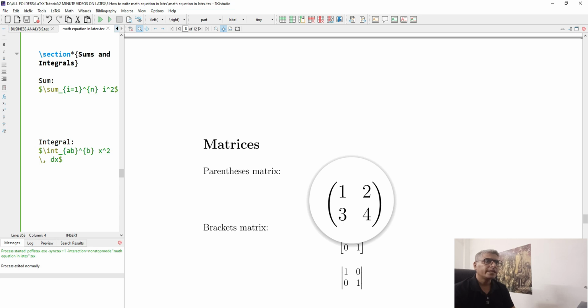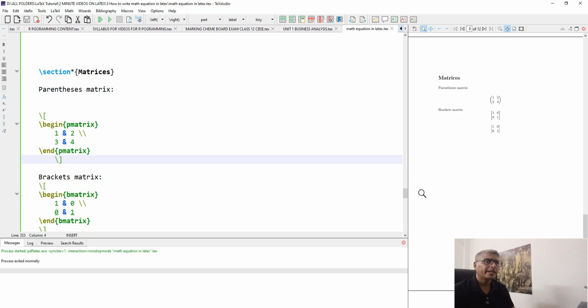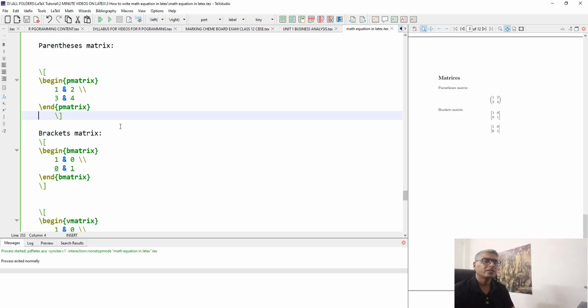Now let's understand how to make another type of matrix form. That means how to change the bracket of a matrix, and we can write it in the square bracket form. We are using the same method, however we have to change this particular p with b only, and the rest of the code will remain same.